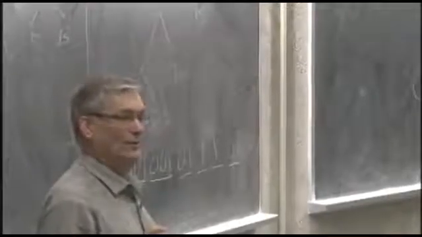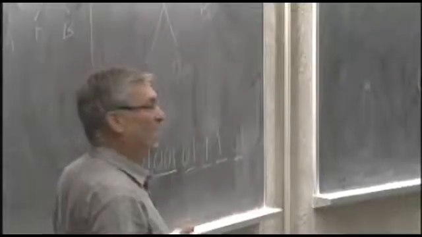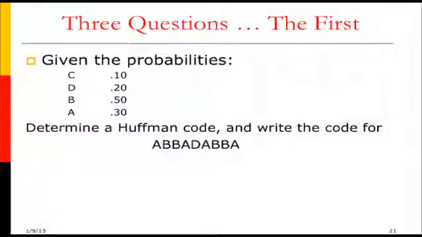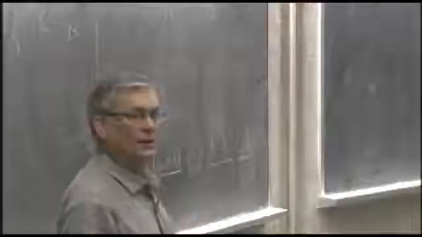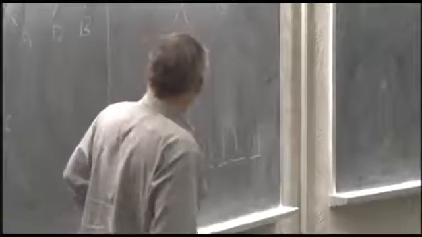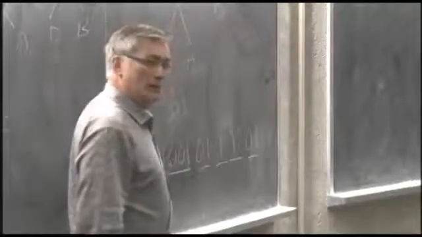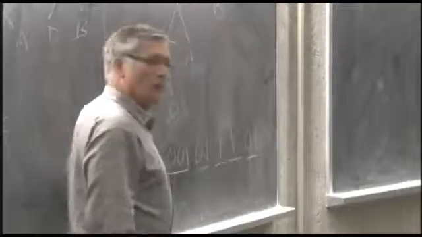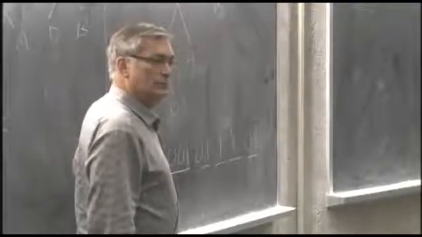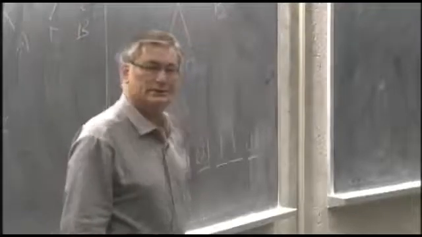Now, the advantage of the fact that there's more than one correct answer to this, if you had a different one and flipped things around, you would see that an A will be of length 2, no matter which way you oriented the zeros and ones.